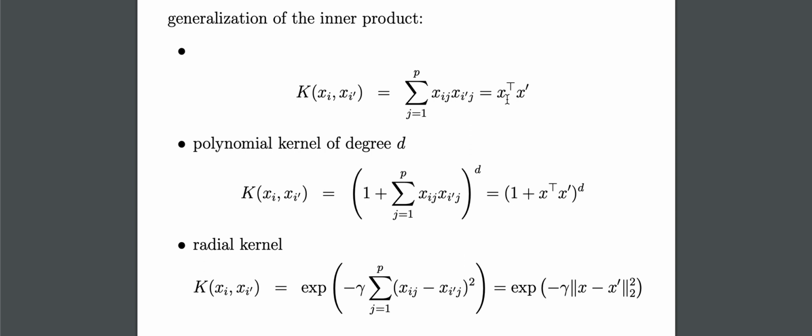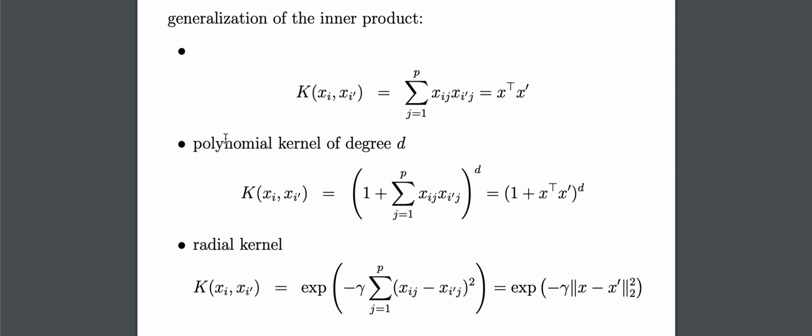This is a linear kernel because K amounts to the inner product, which we are familiar with. But when the support vector classifier is combined with a nonlinear kernel, such as this, the resulting classifier is called the support vector machine.